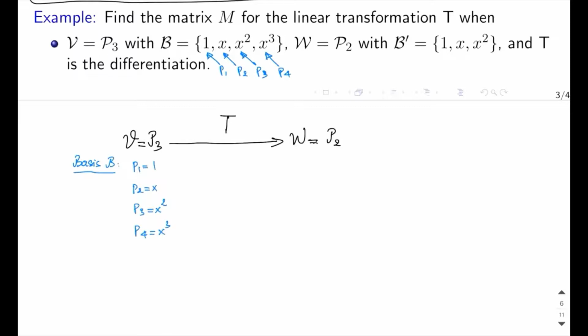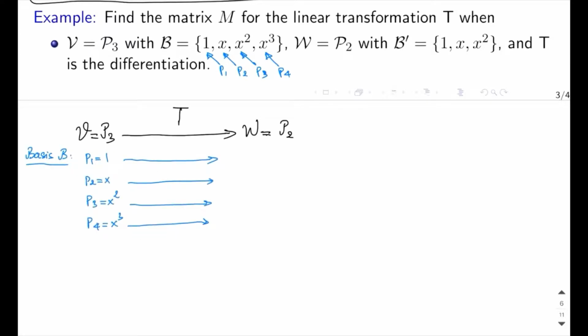Now we know that in order to find the matrix that represents T, we'll have to first find T of the first vector in the basis B, T of the second vector, T of the third, T of the last vector in the basis B. All right, so T of p1. What is T? T is the differentiation.